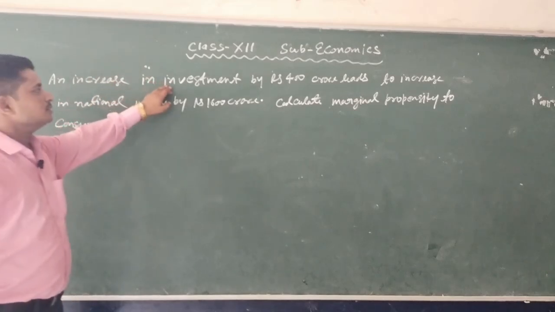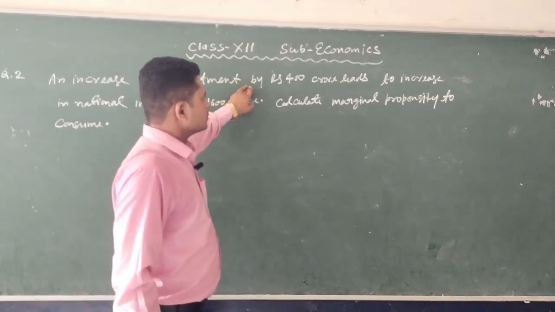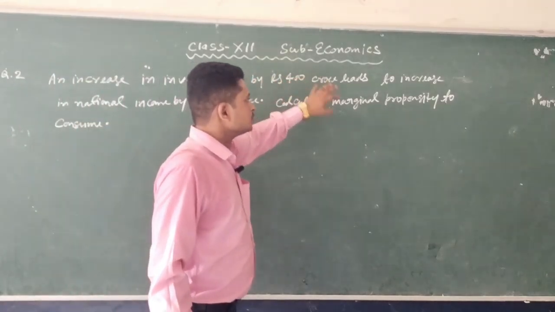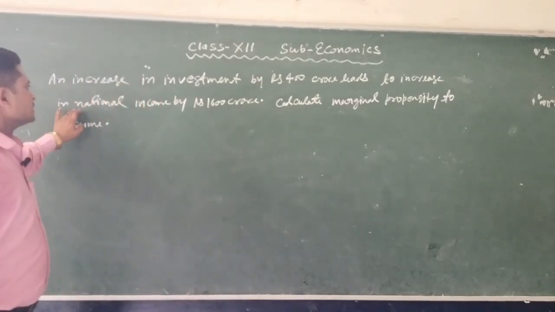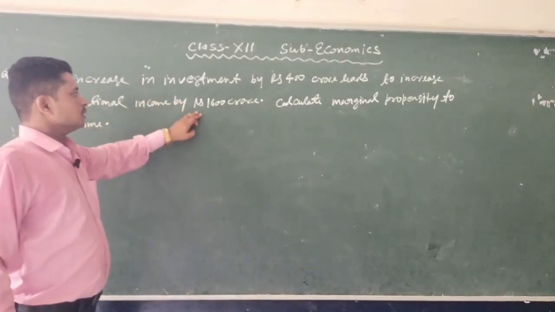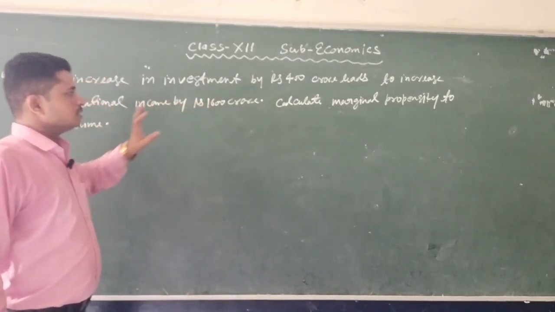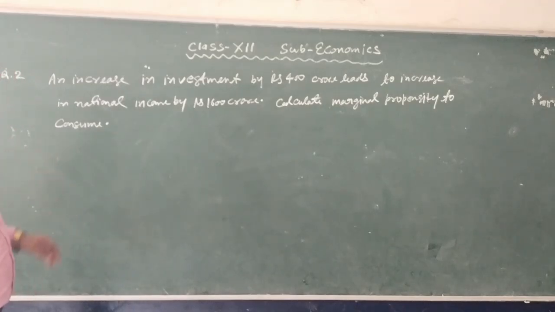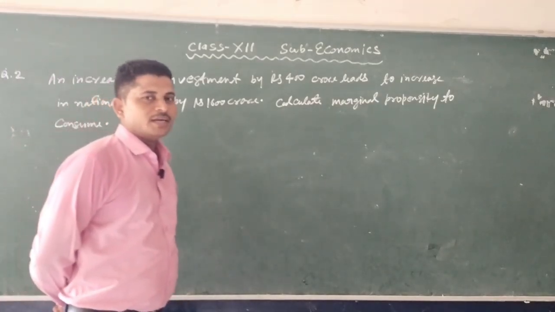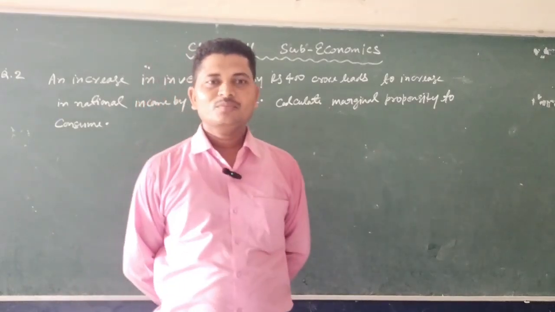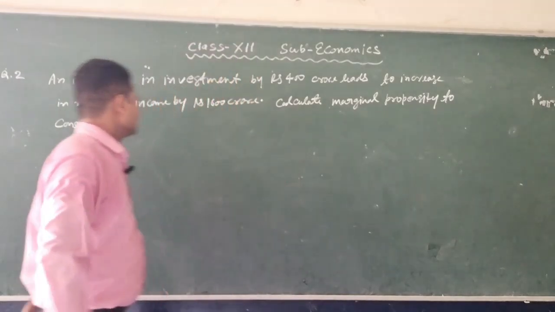Increase in investment by 400 crores leads to increase in national income by 1600 crore. Calculate marginal propensity to consume. So we know that investment multiplier is defined as the ratio of change in income and change in investment.